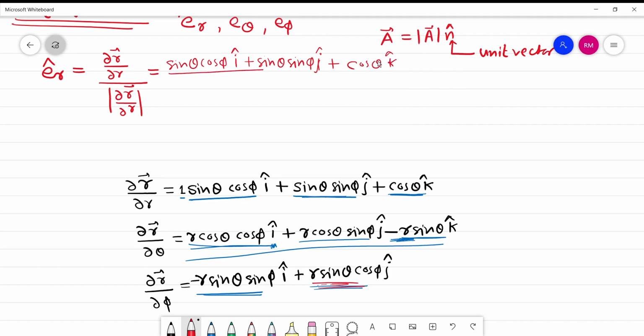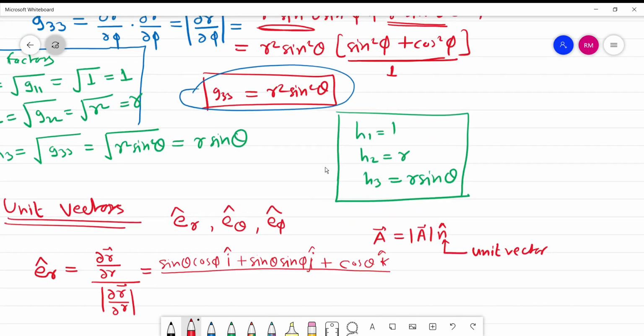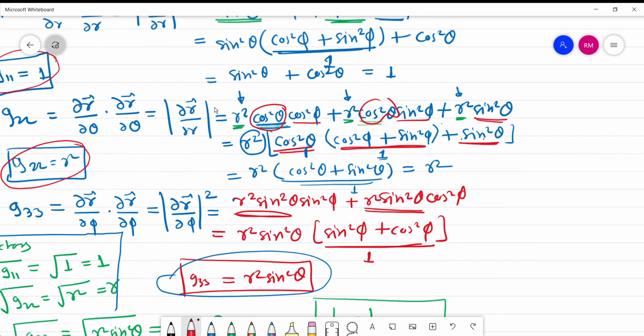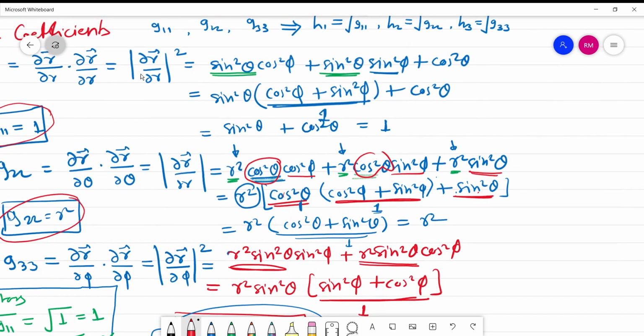I have to divide it by its magnitude. As you know, we have already obtained the magnitude, which is above here. You took a magnitude square here, right? So magnitude square is 1, which implies delta r bar by delta r square is 1. That simply means delta r bar by delta r is 1, right?